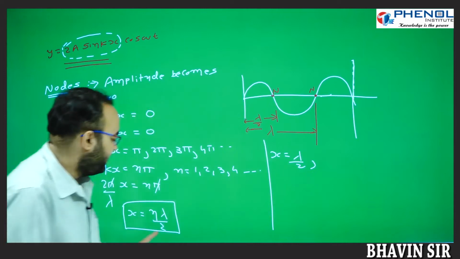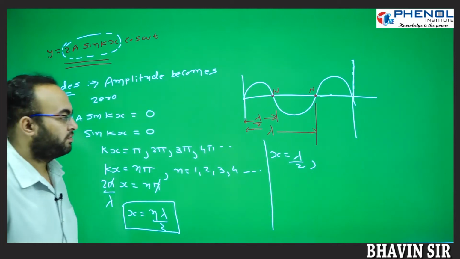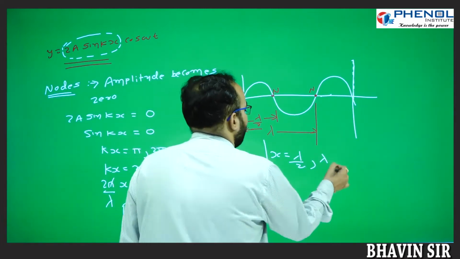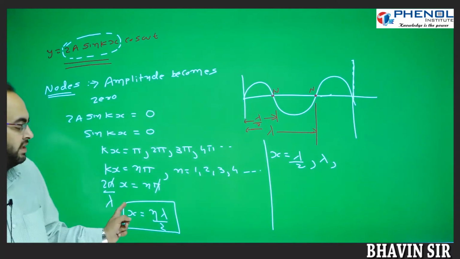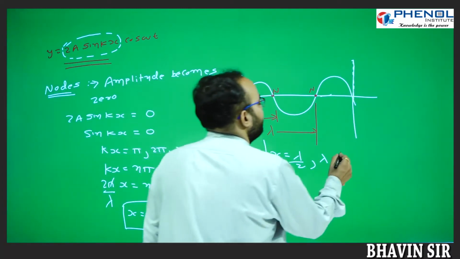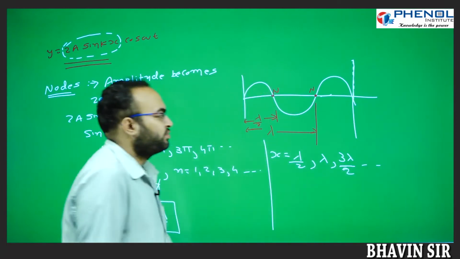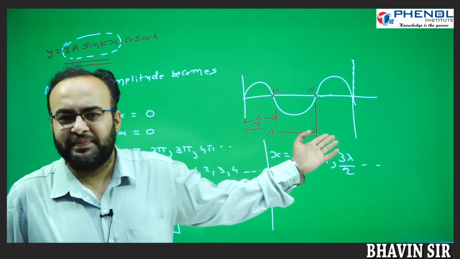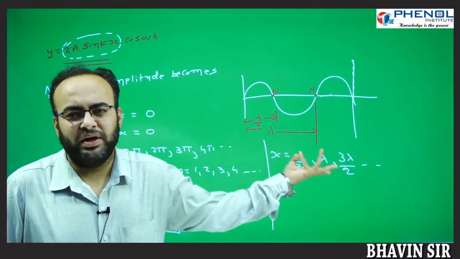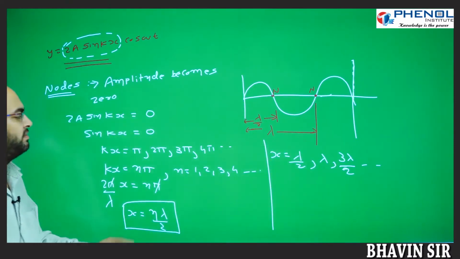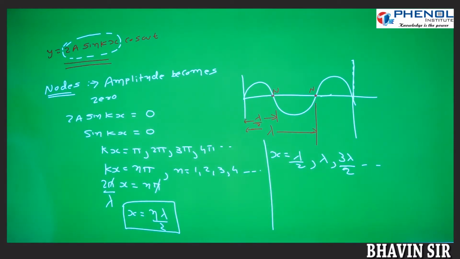When we place n equal to 2, the 2 cancels, so we get lambda. When we place n equal to 3, we get 3 lambda by 2. Okay. But students, you can get this directly. So what is the general position of nodes? It is given by x equals n lambda by 2, where n is 1, 2, 3, 4.